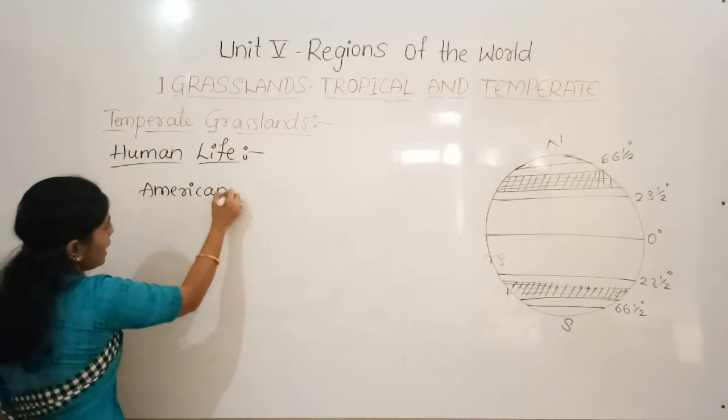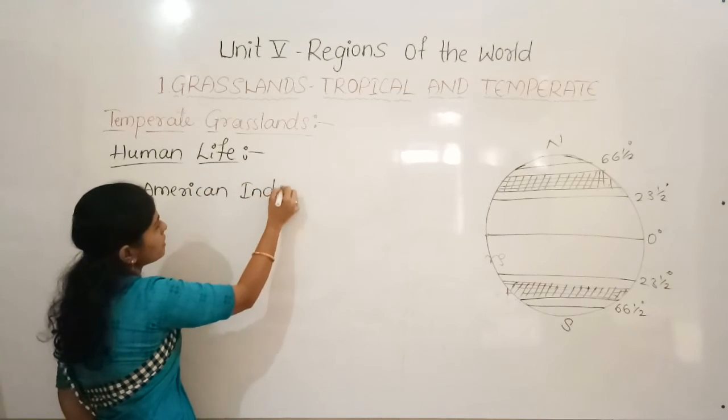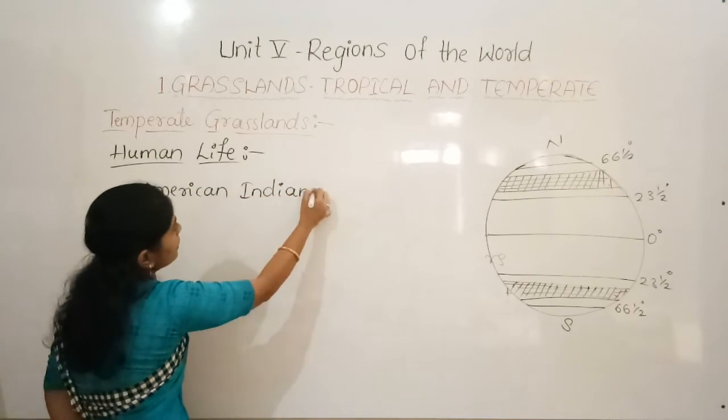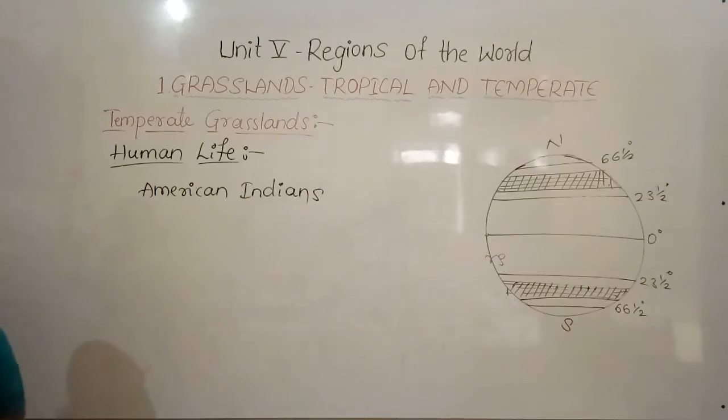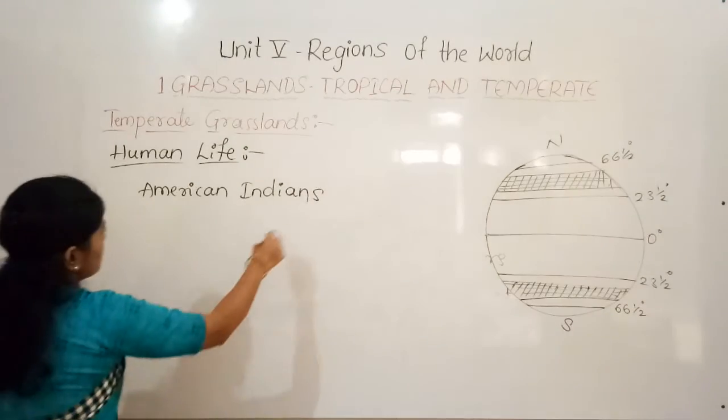The native inhabitants are called the American Indians, or they are popularly known as Blackfeet Indians.